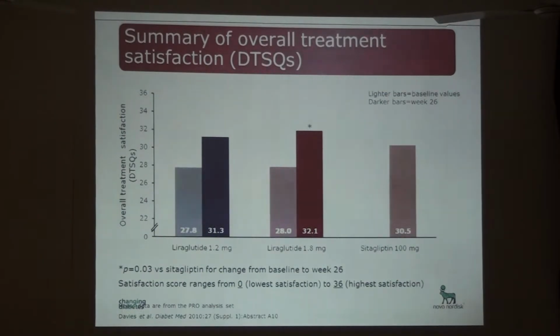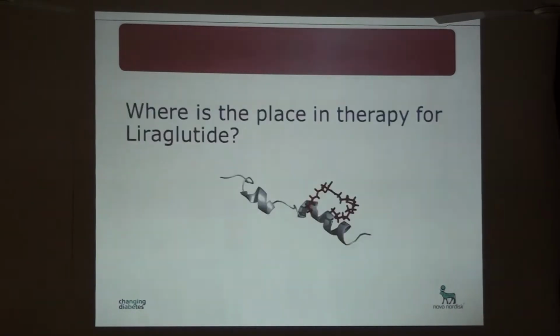There has been an improvement in treatment satisfaction across all the groups, but it was statistically significant with the liraglutide group only. So it's not only about achieving your targets by giving an oral thing. Satisfying your patient, him having a good feel factor, is also an important thing in treating diabetes.